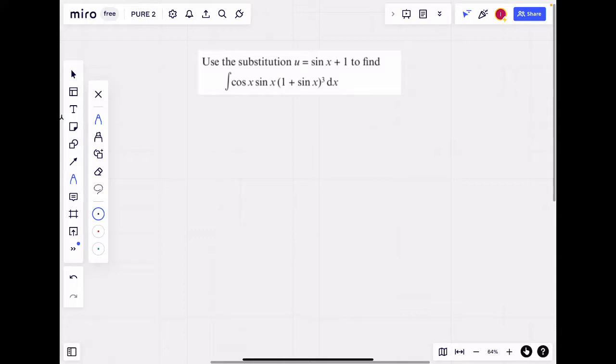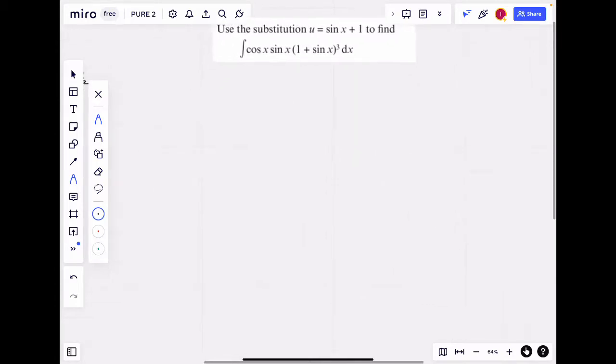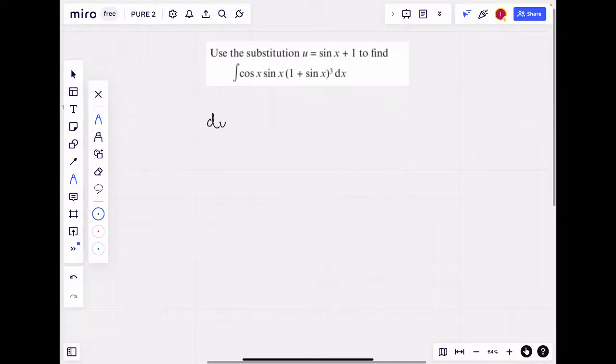In this case, they've given you the substitute. Cool. So if u equals sine x plus 1, what does du by dx equal? Equals cos x. Okay, now if we take that dx to the other side, we get this, which ticks both of these in one go.